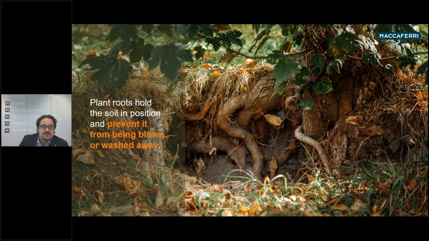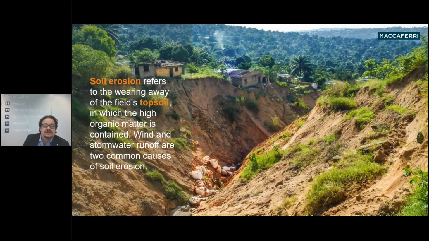It also takes care of the soil, because with their roots they prevent the soil from being washed away. Soil erosion occurs when the topsoil of your structure, roads, and so on will be moved out by wind, storm water, runoff, and so on.